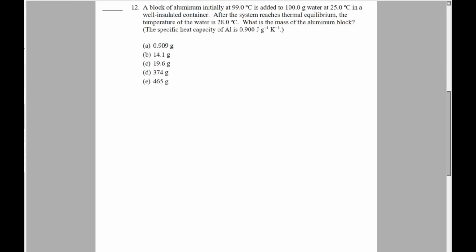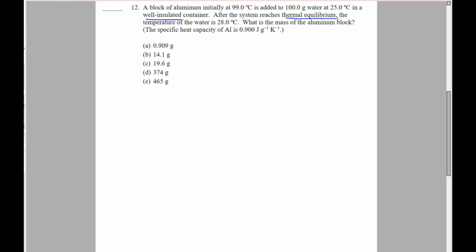An aluminum block initially at 99.0 degrees Celsius is added to 100 grams of water at 25 degrees Celsius in a well-insulated container. After the system reaches thermal equilibrium, the temperature of the water is 28 degrees Celsius. What is the mass of the aluminum block?